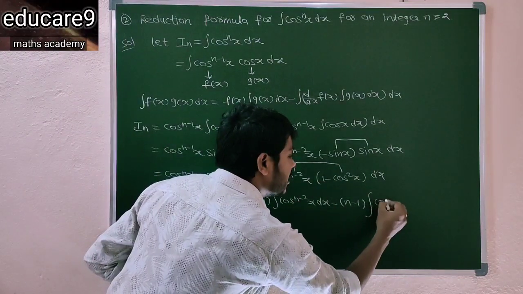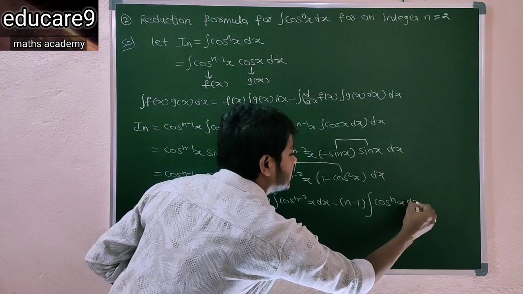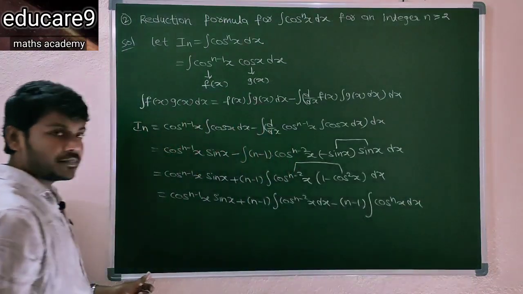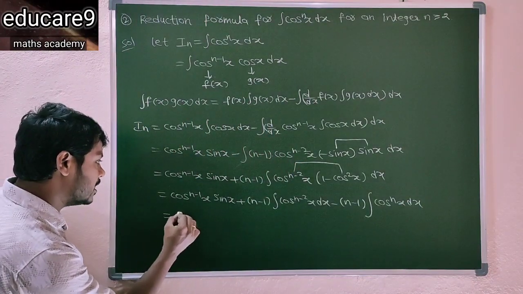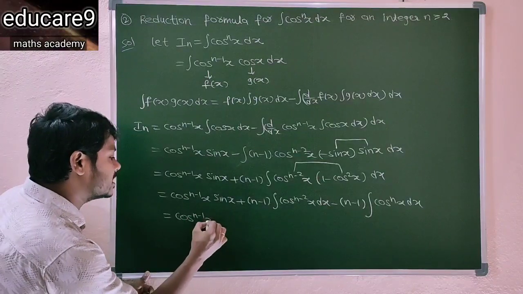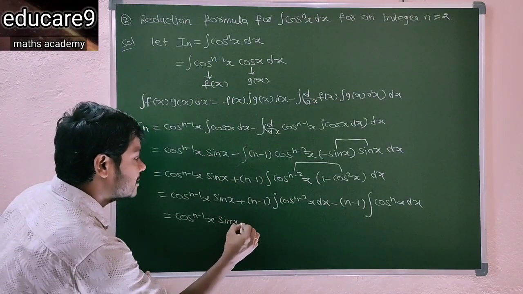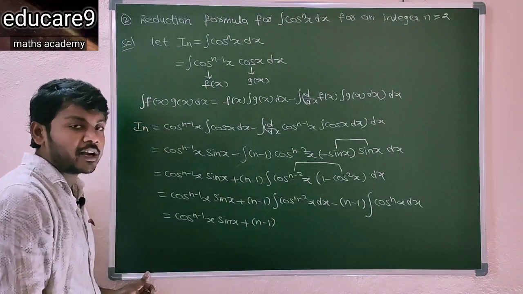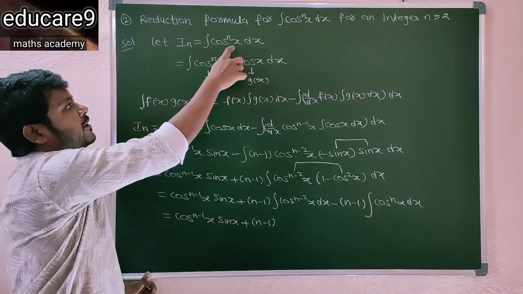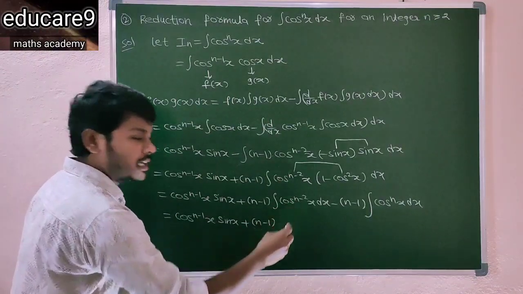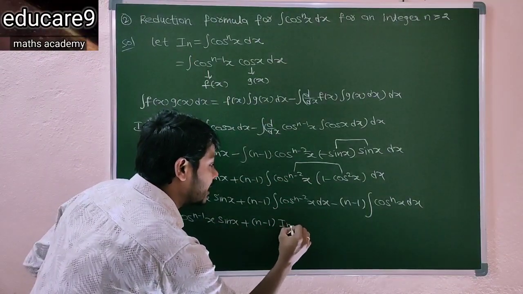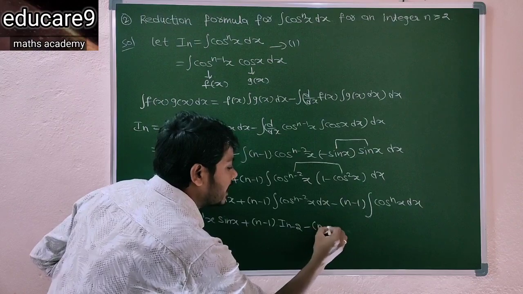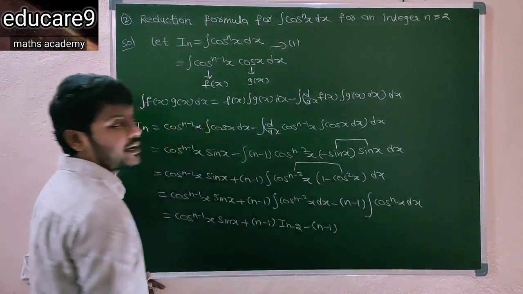You will get cos^n x dx. Now clearly this is cos^(n-1) x sin x plus (n-1) into integration of cos^(n-2). So see here, cos^n is In. Here cos^(n-2) is I(n-2), minus (n-1) into integration of cos^n x dx.